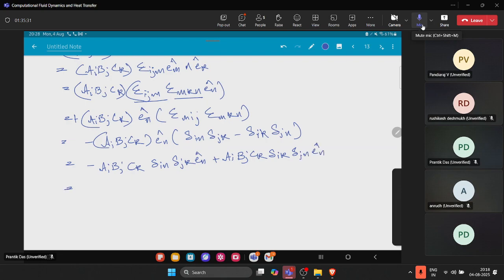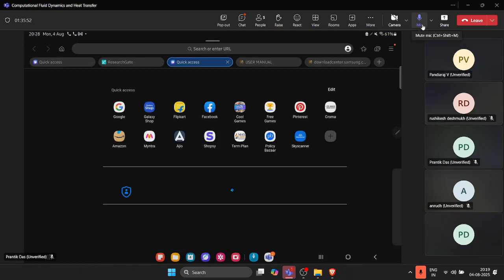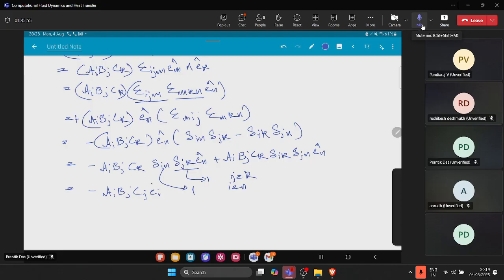The first becomes AI BJ CJ, since delta JK equals 1 if J equals K, and I am also making I equal to N since I want it to be 1. So it doesn't matter whether I take it to be I or N. Similarly, the second expression comes to be AI BJ CI EJ cap.